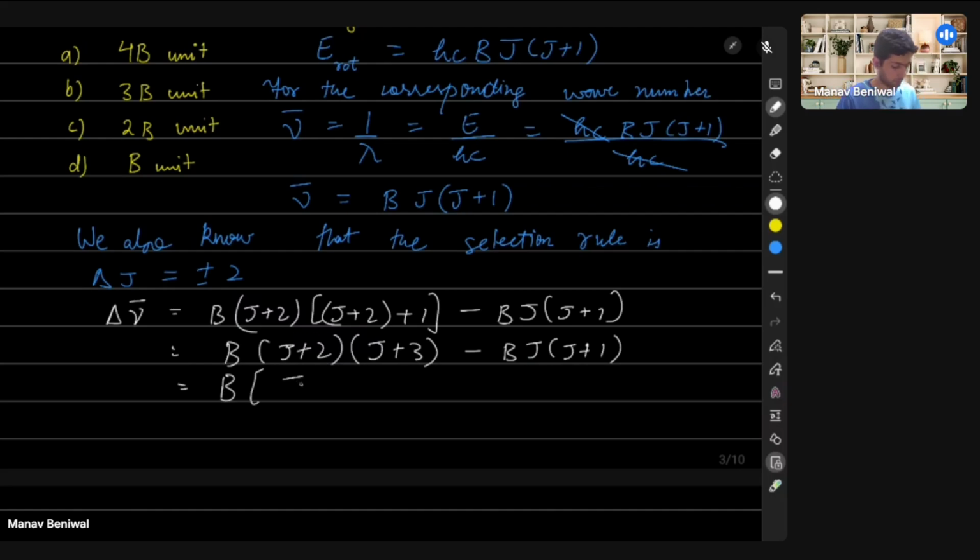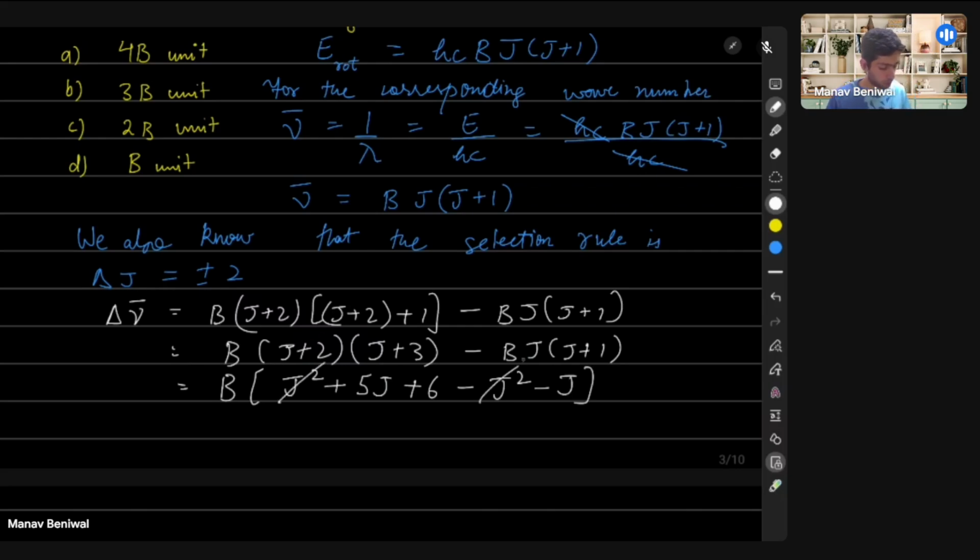Then this becomes J squared plus 5J plus 6 minus J squared minus J, right?